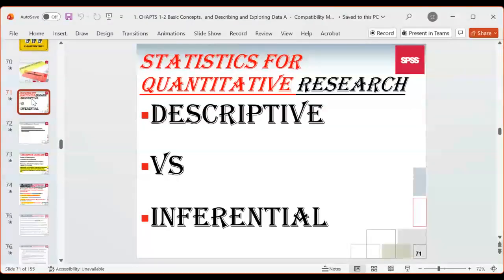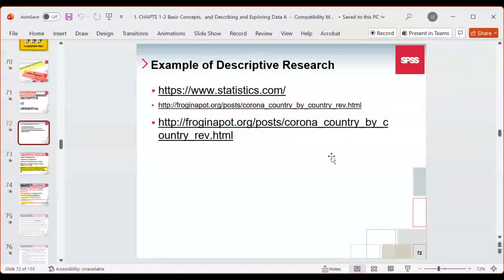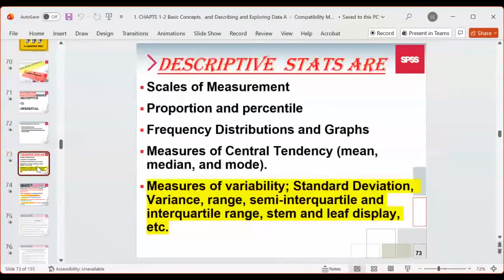Descriptive statistics, just like the name suggests, describe something. For example, over here, some examples of descriptive research, to give you some idea. They are scales of measurement. Like for example, if you want to know what's the average income for AU professors?